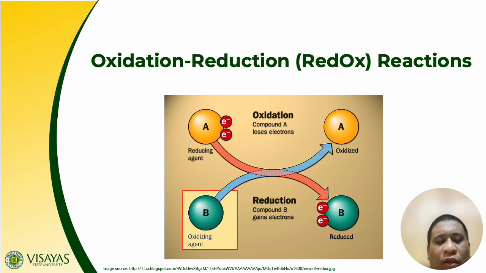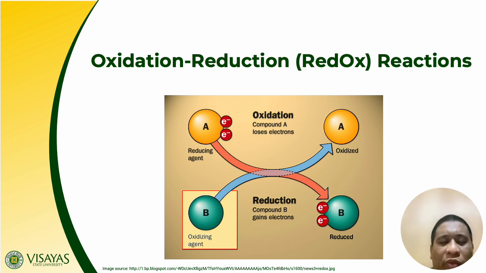The element or compound coming from the reactants will gain the electrons. If there is an element or reactant that will lose electrons, there will also be a reactant or an element that will gain those lost electrons. Upon gaining those electrons, that particular element or reactant becomes reduced, and we call it the oxidizing agent.